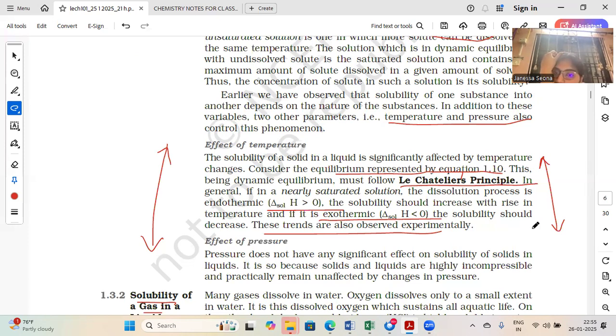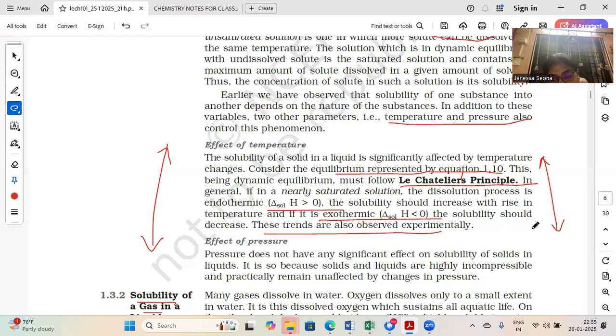So, Le Chatelier's principle is applicable in many industrial processes when the process parameters like temperature, pressure, and concentration are varied.